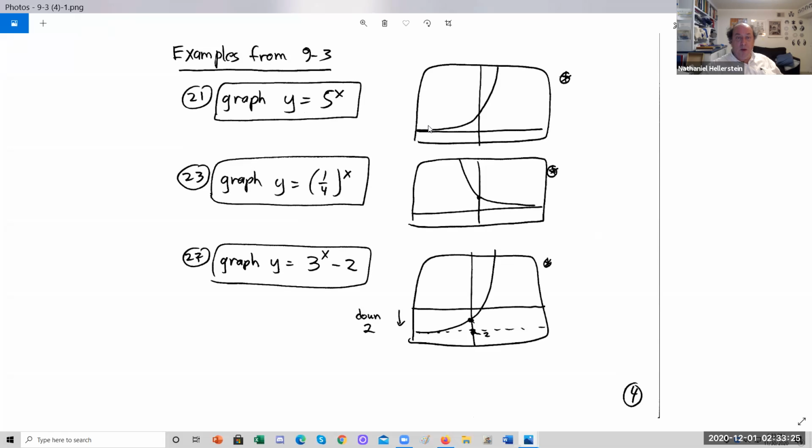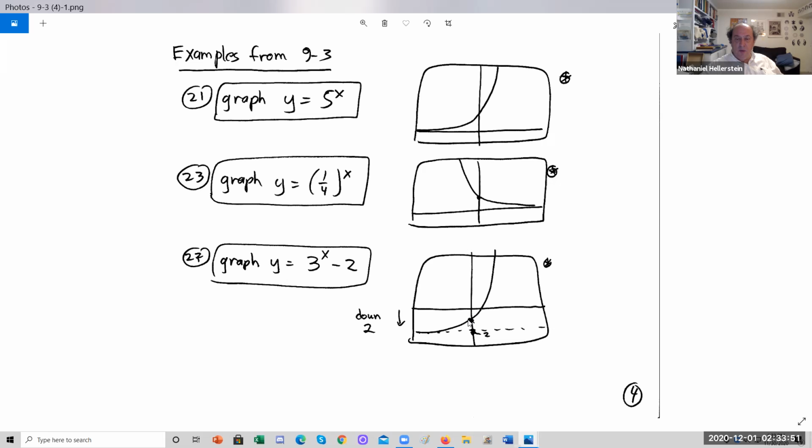So for example, a graph of 5 to the x. Well, 5 is bigger than 1, so it starts small, ends big. A quarter to the x, well, it's between 0 and 1, so it starts big and ends small. Here's 3 to the x minus 2. You have a 3 to the x graph, starts small, ends big. We lower it by 2 units because of the minus 2. So there's a left asymptote of negative 2.